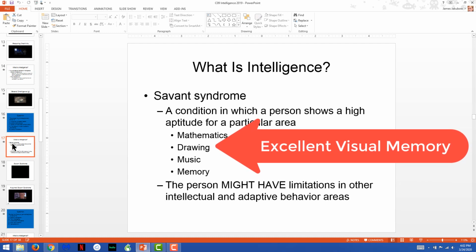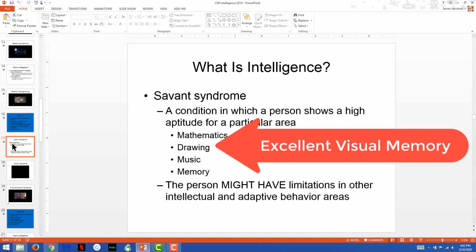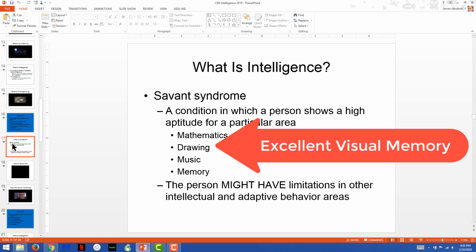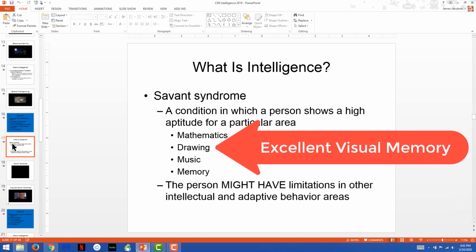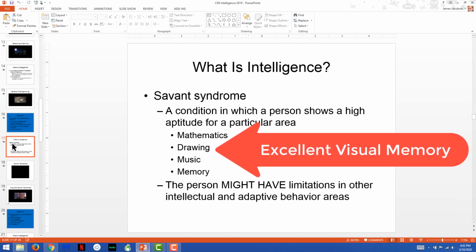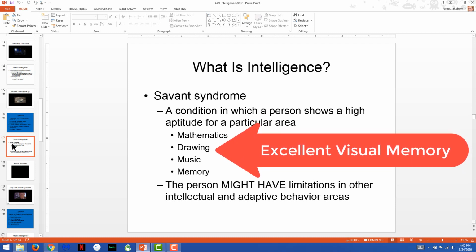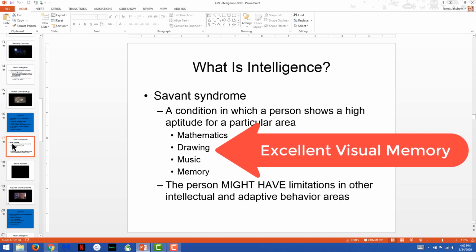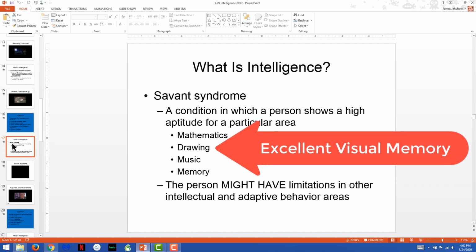So for example, you could take a person to the top of the Empire State Building, blindfolded, and then let them look at the cityscape of Manhattan for 30 seconds, and then quickly take them off the roof and bring them inside and let them draw what they saw. They will be able to draw reasonably accurately all of the rooftops and the heights of the buildings and all the things in relation to each other very, very well, even after only having seen it for 30 seconds.